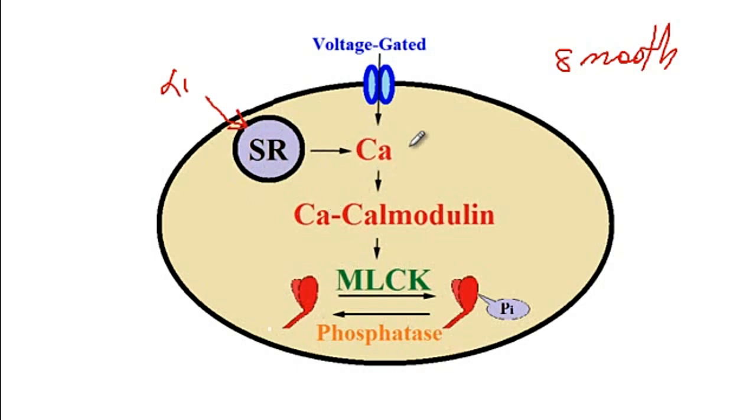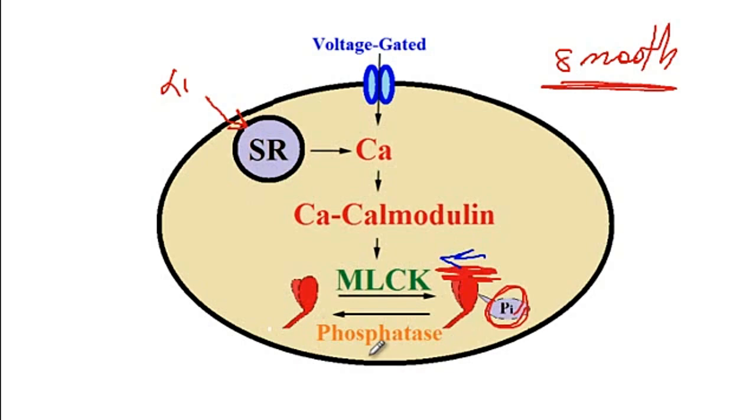So once calcium is released in the smooth muscles, a calcium-calmodulin complex will be formed, and calcium-calmodulin will cause activation of a myosin light chain kinase. So myosin light chain kinase will now phosphorylate the head of the myosin, which will cause binding of a myosin to the actin. And then at this stage there would be contraction.